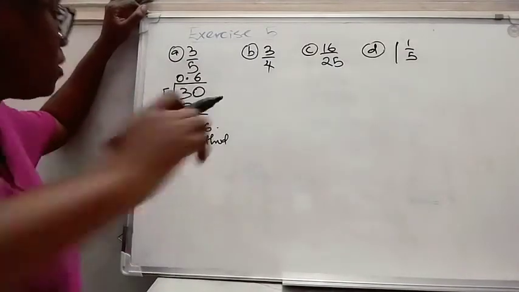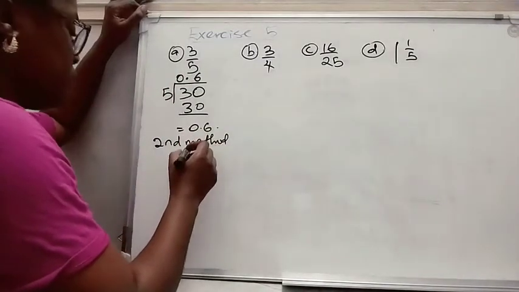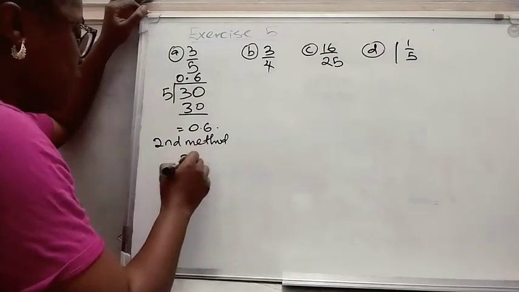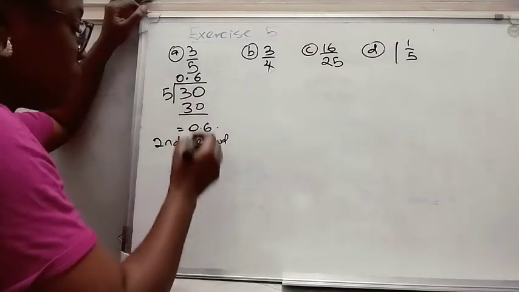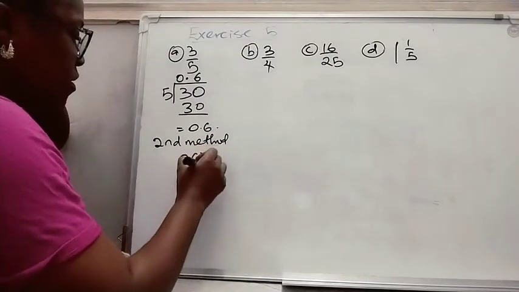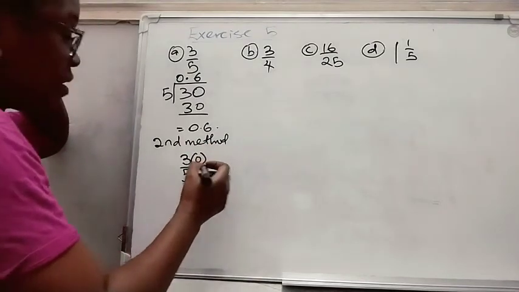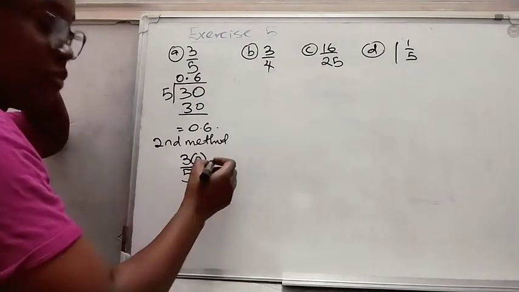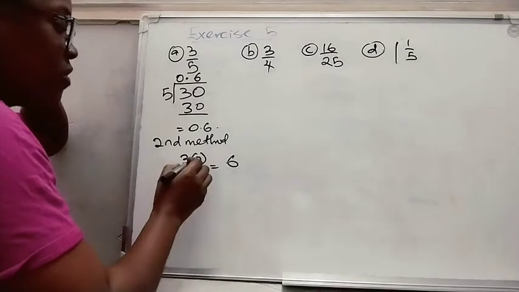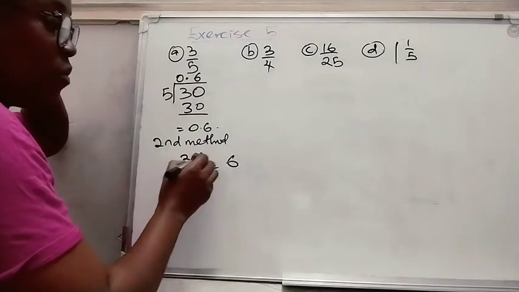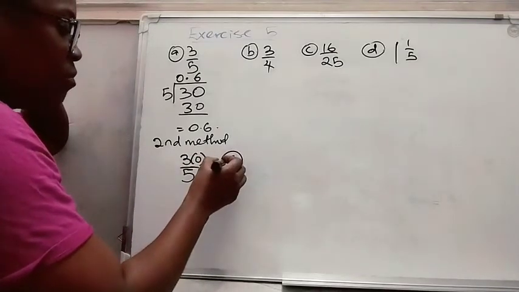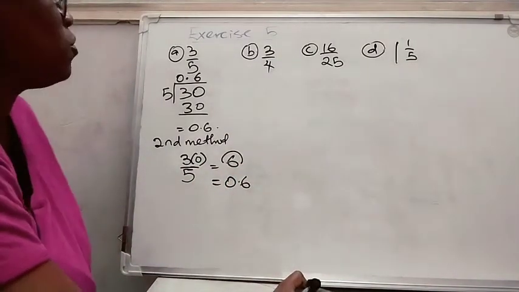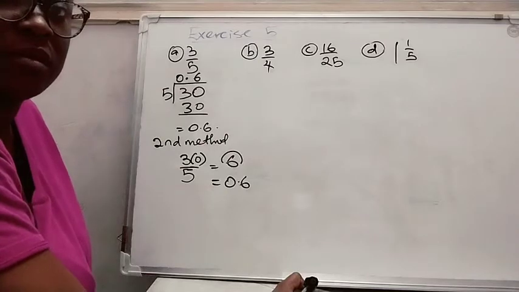So I can say 3 over 5. In my mind, I assume this is 30. So 30 divided by 5 will give us what? 6. And because I added a 0, I'm going to move this decimal backwards, giving us 0.6. That's the second method.